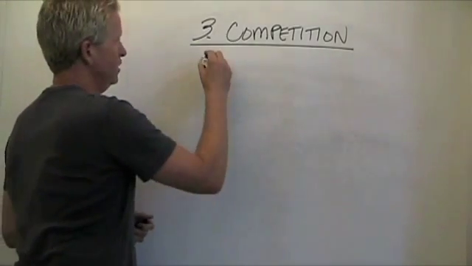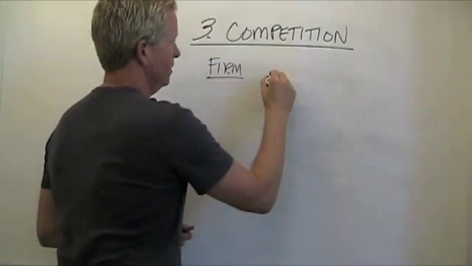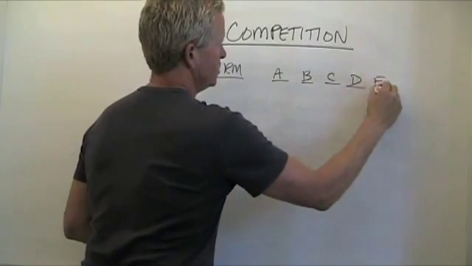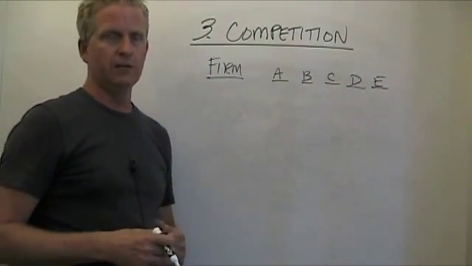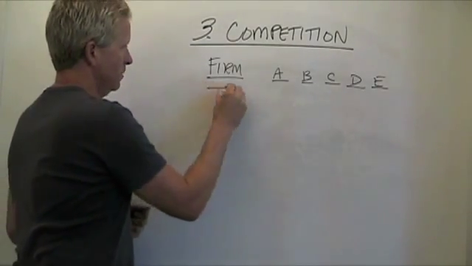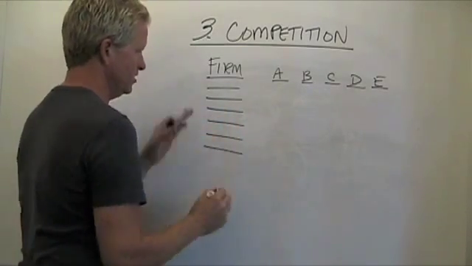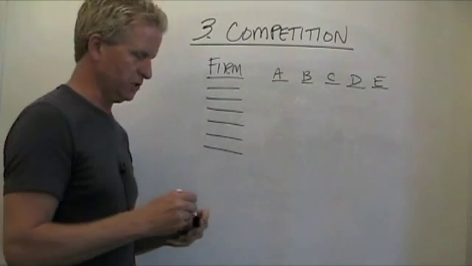And in the competitive matrix, you take a look at the firm, and then you list maybe, in this case, we'll list 5 key features, perhaps one of which is price, related to this particular product or service. And then you list Company 1, Company 2, Company 3, 4, 5, and 6. These are the 6 main folks that are out there right now doing something in this particular space.